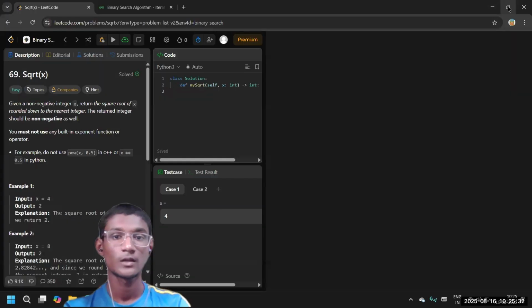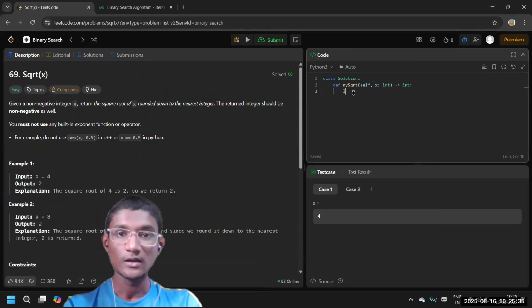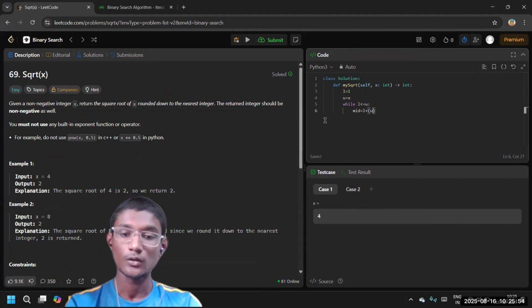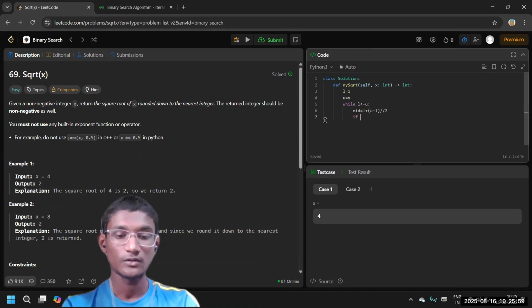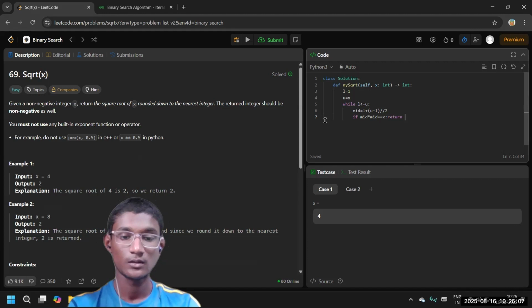Here we go now. Now implement this, guys. So L equal to 1, as I said, and U equal to how much? The upper boundary becomes X only, right? Then we keep on traversing while L is less than or equal to the upper boundary. Then we find the middle value, that is L plus (U minus L) floor 2. And we check whether mid into mid equals X. Then we can return here only, that is int of mid.